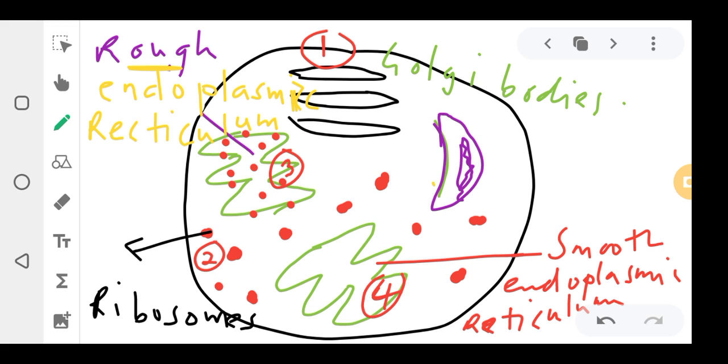This one is called the mitochondria. Mito is one word, so don't get confused. It is called mitochondria.